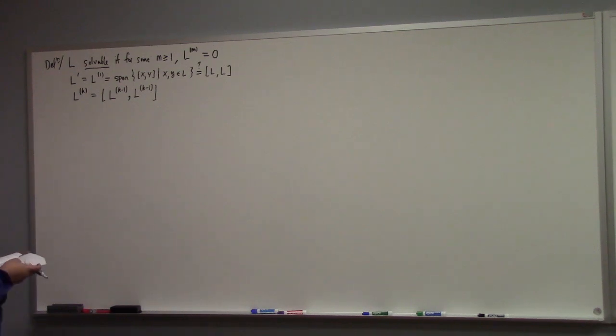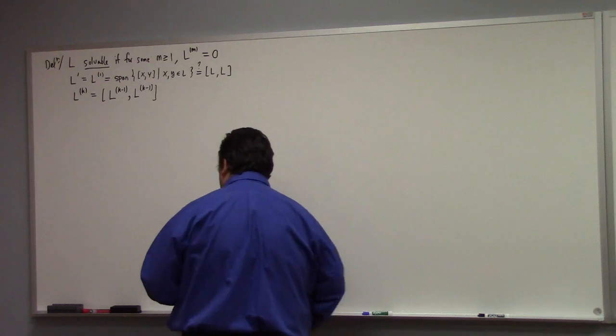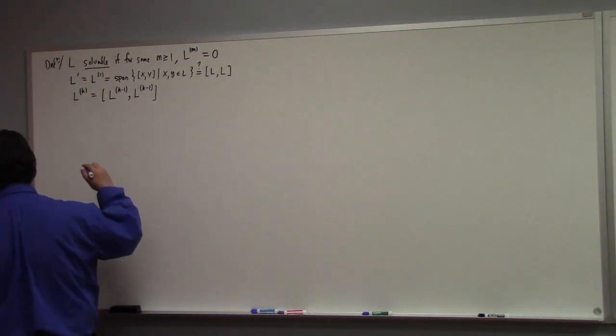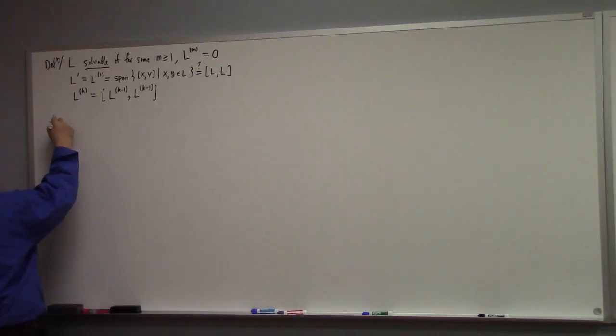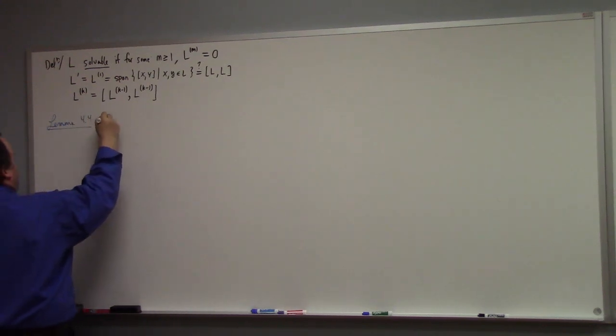Lemma 4.4. I think I stated this lemma, but I haven't proved anything, so I wanted to take a second to try to prove something in here. I don't think I wrote it out last time. Let L be a Lie algebra.